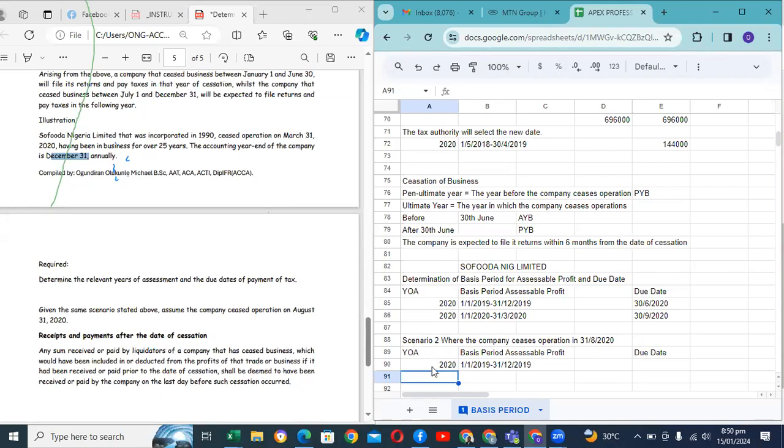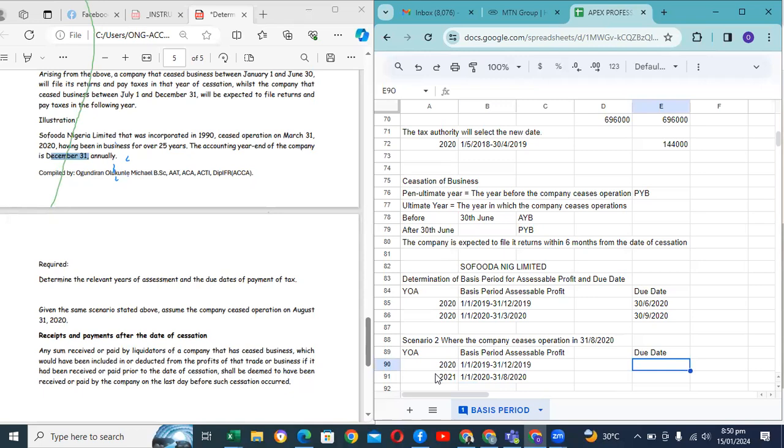August 31. And August 31 is after 30th June. So because August 31 is after 30th June, it's going to be on preceding year basis. So we have 1/1/2020 to 31/8/2021, sorry, 2020, beg your pardon.